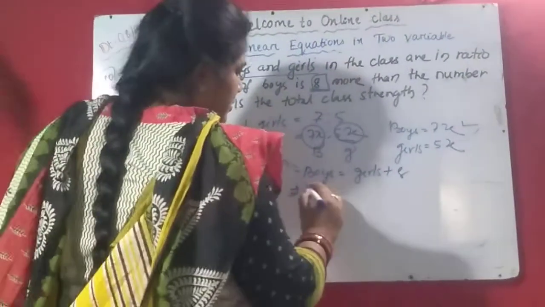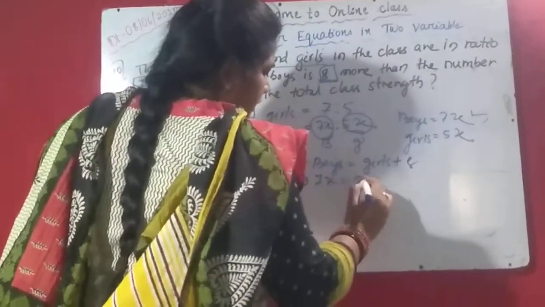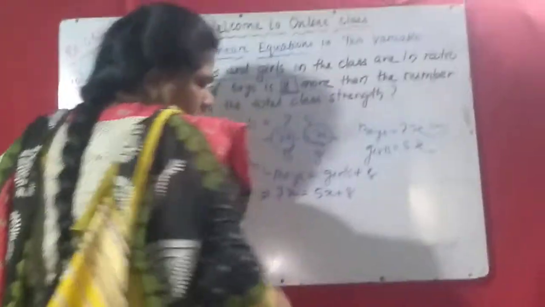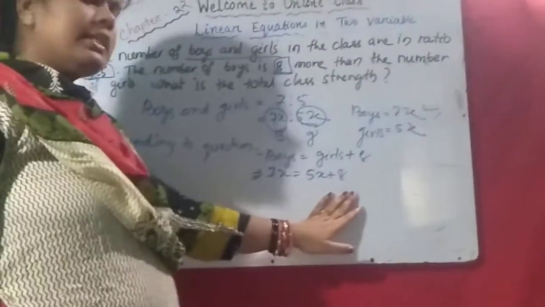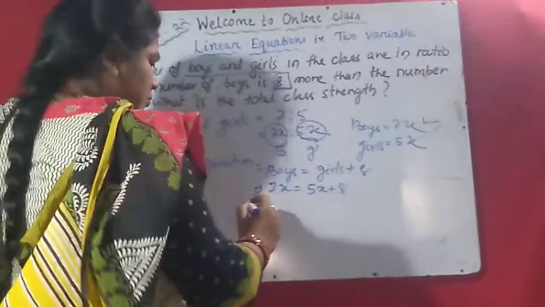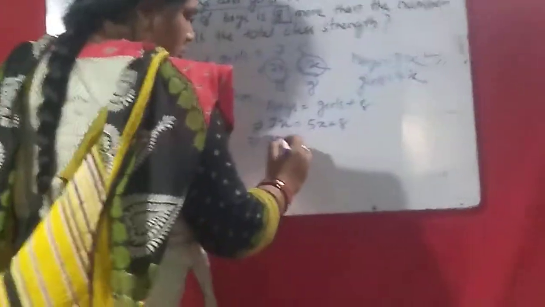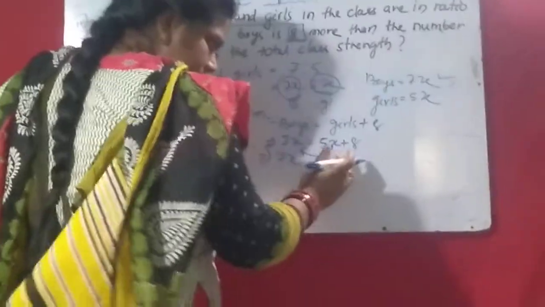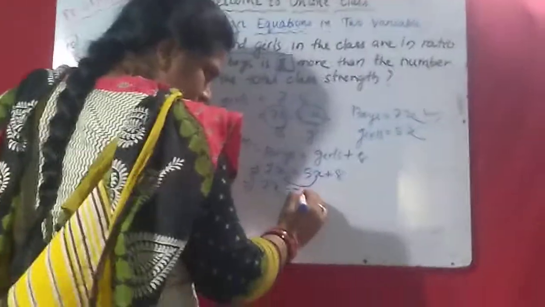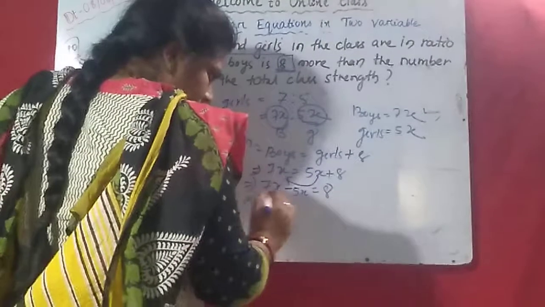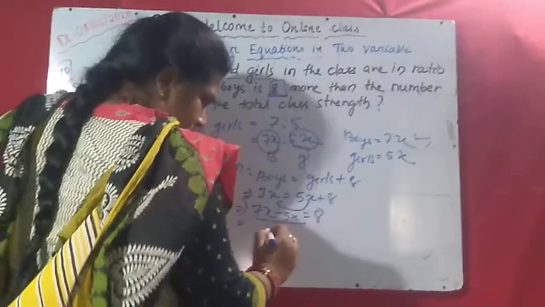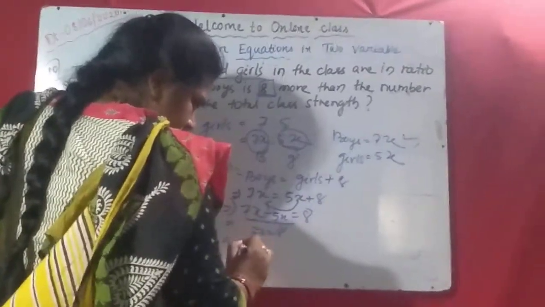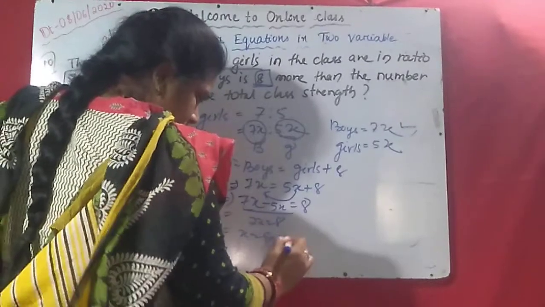Boys equal 7x, so 7x equals 5x plus 8. Now you will solve the equation. Very easy. Bring 5x from the RHS to the LHS, it will be minus 5x, equal to 8. 7x minus 5x is 2x equals 8. x equals 8 by 2, that is 4.